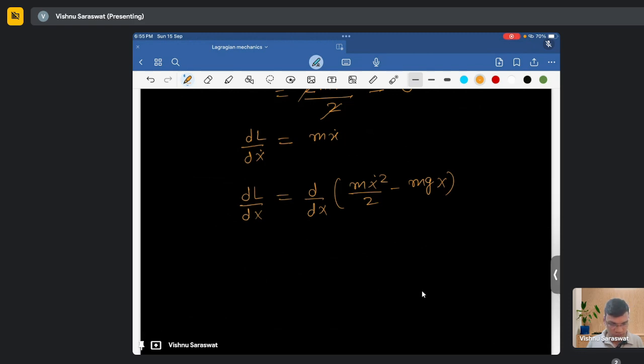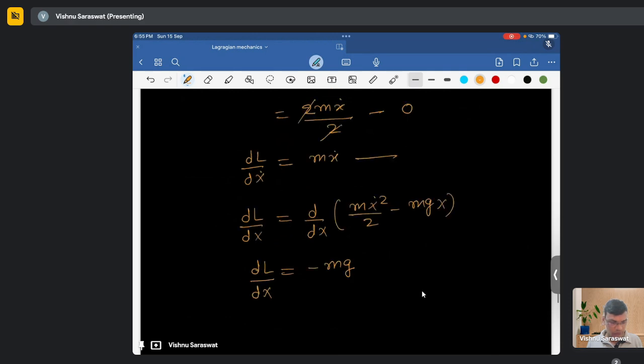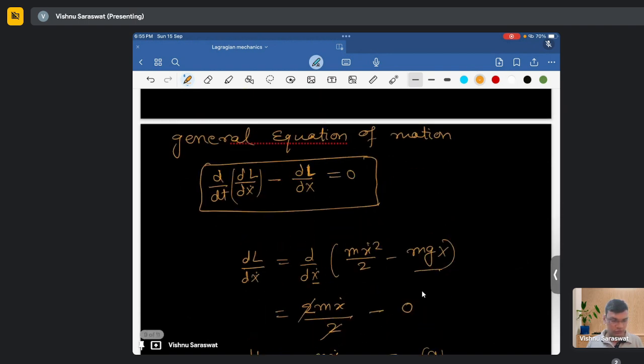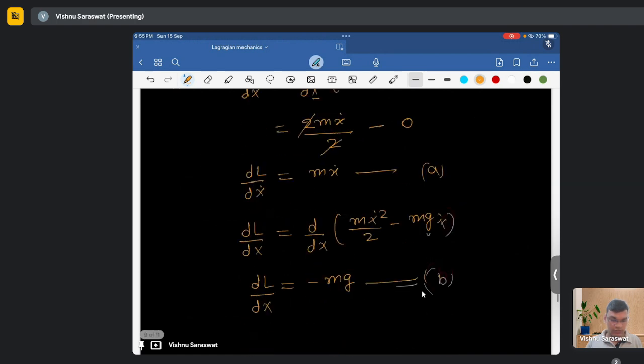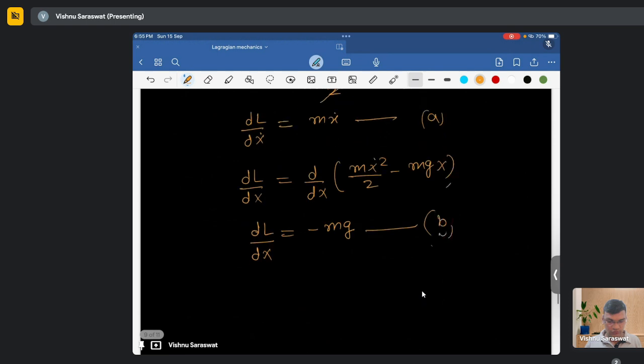Taking the derivative of mgx, we got minus mg. So these values, a and b, we put in equation 3.